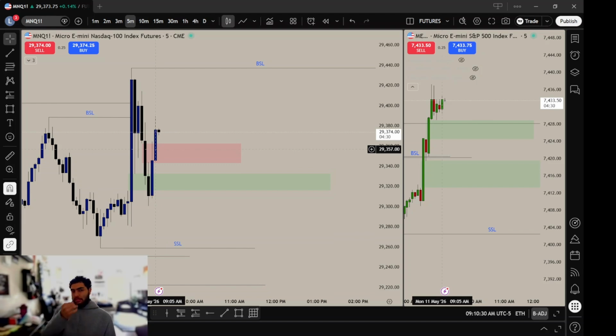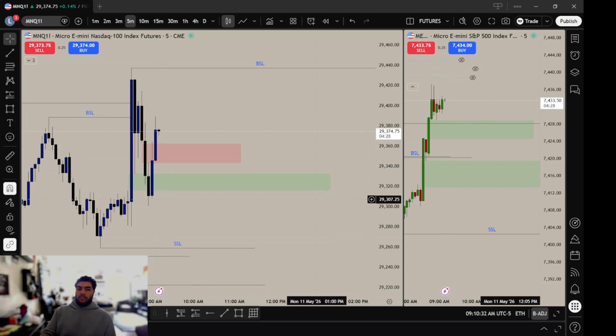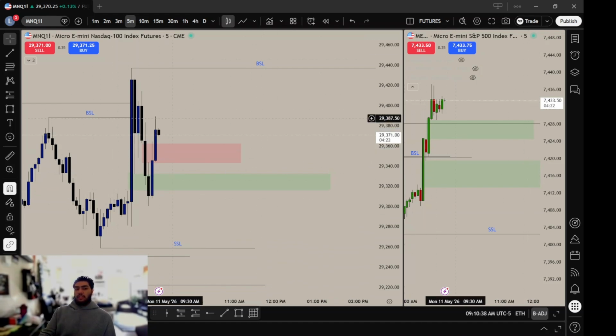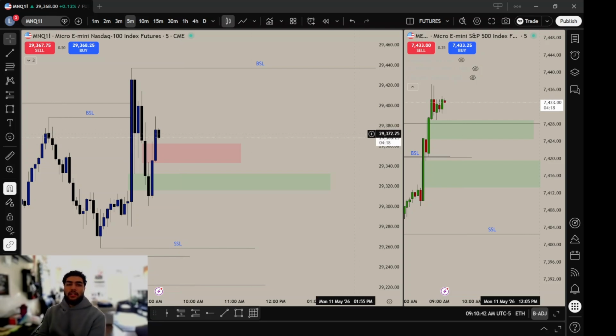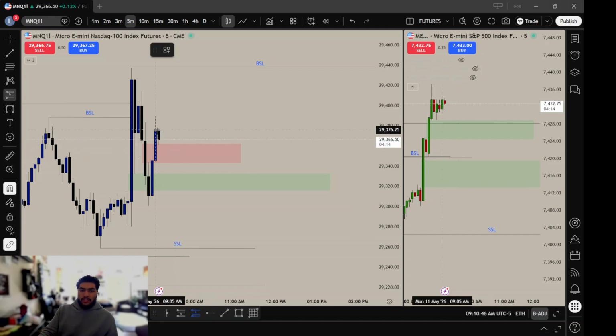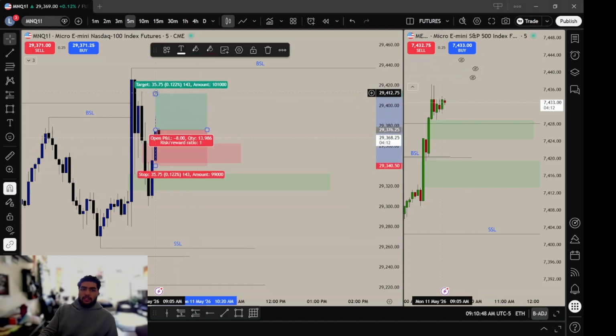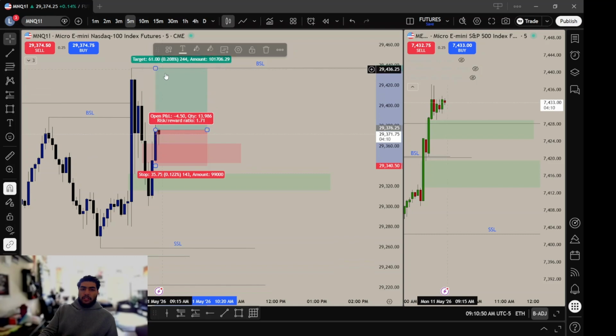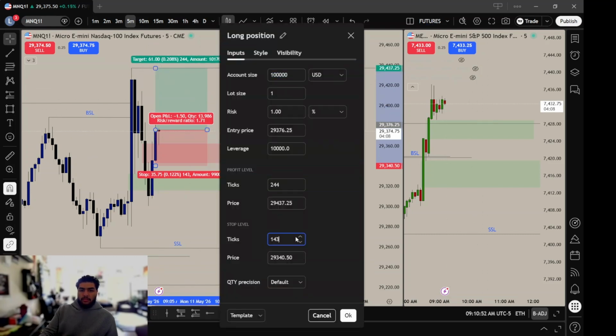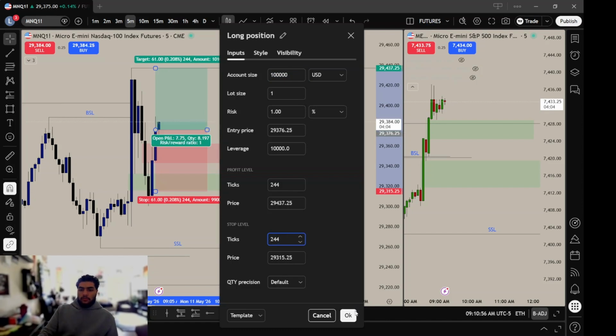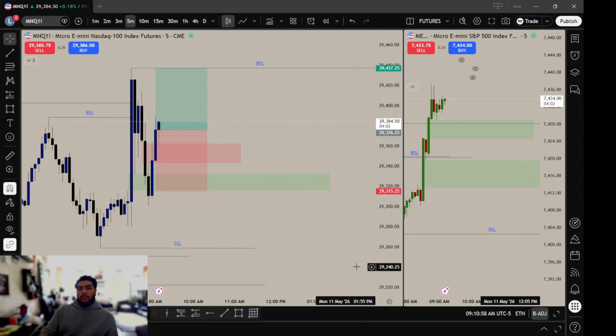I'm not going to take the long here just because it disrespected this bullish fair value gap. Just because it disrespected this doesn't mean an inverse in structure or trend. So I'm not going to take that long, but I will forward test it. If we take right here and aim for this, and then have our stop loss at 244, all right, we can forward test it.